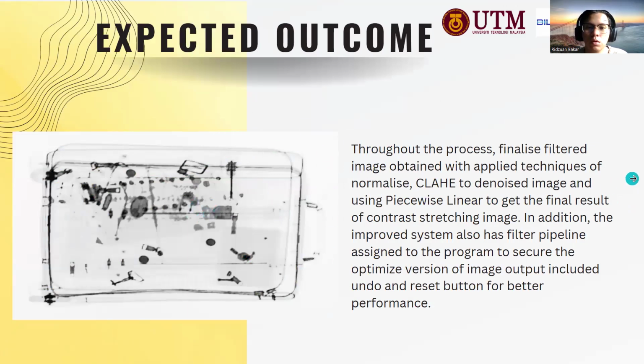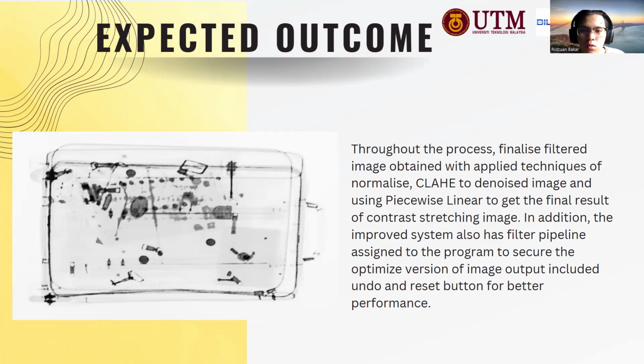Throughout this process, the system is also implemented with a filter pipeline, where all the techniques applied on the system will be kept for another filter to be applied on top of each other. This is important to make sure the image can be obtained in a more optimized and clear version.